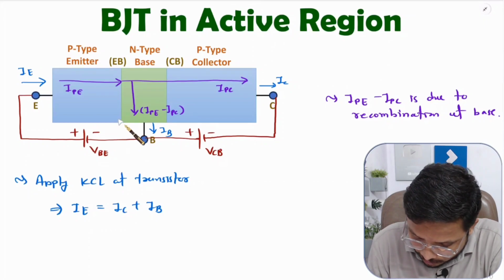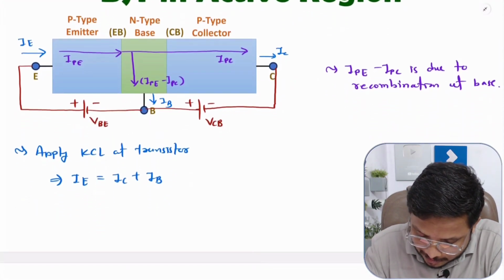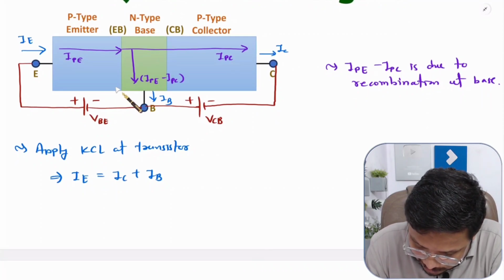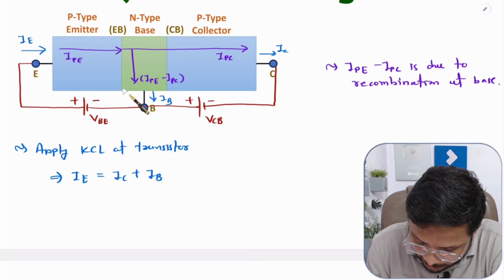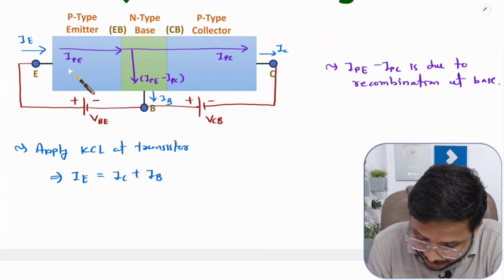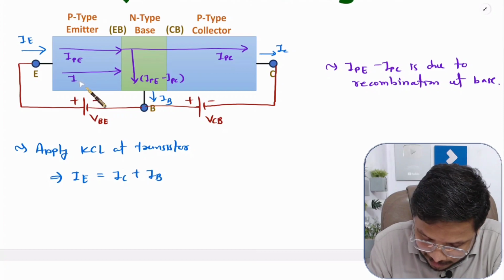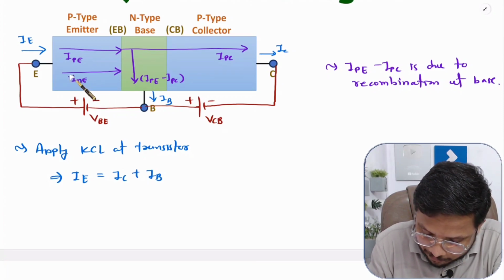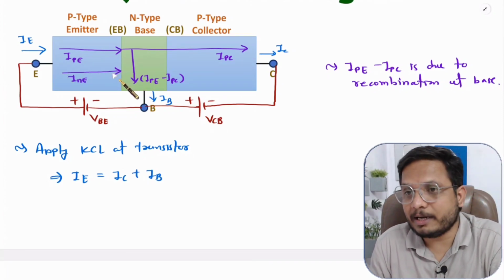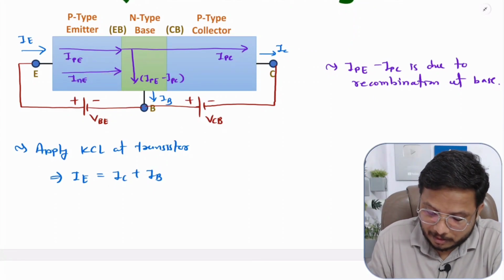As electrons flow in this direction, the current due to electrons at the emitter is in this direction, right? So INE flows in this direction. That is the current due to electrons in the emitter.